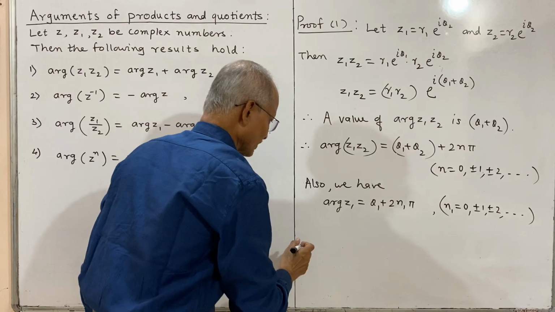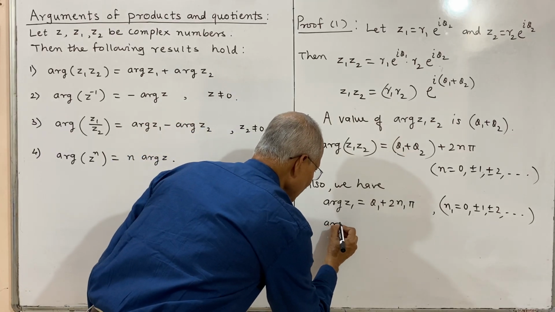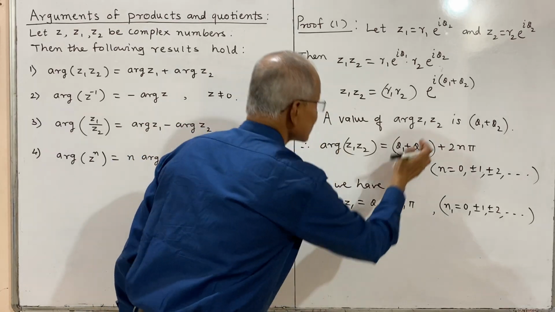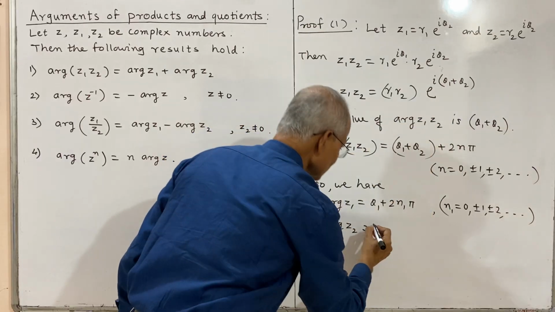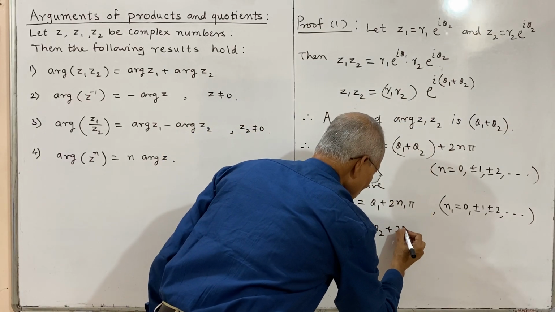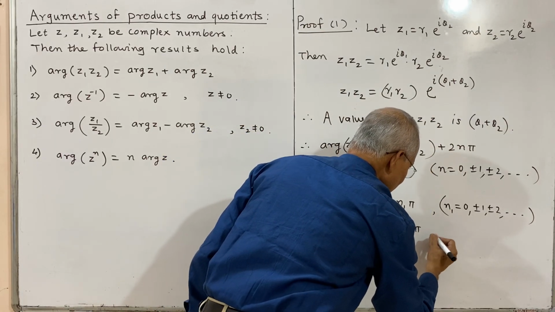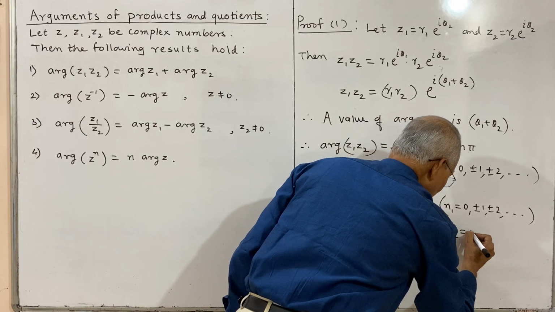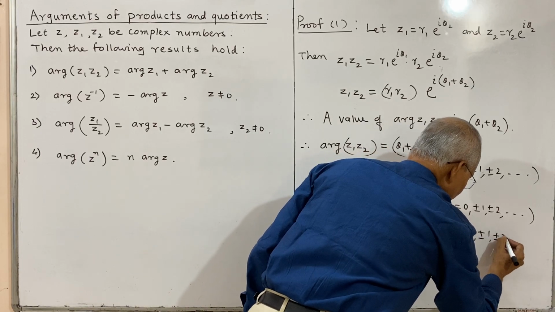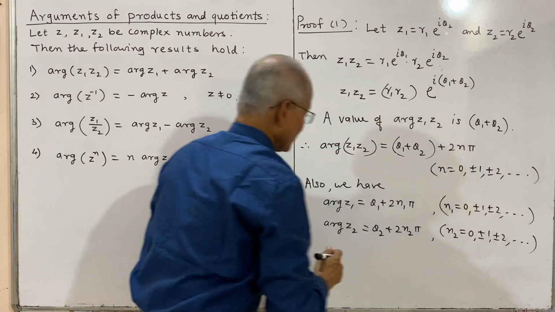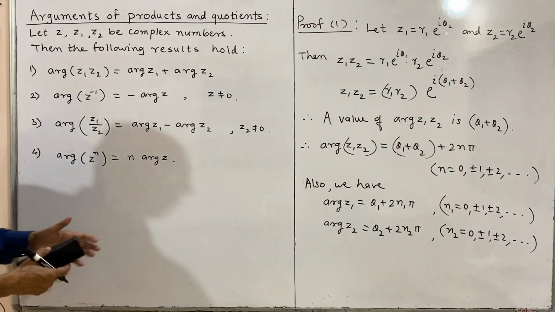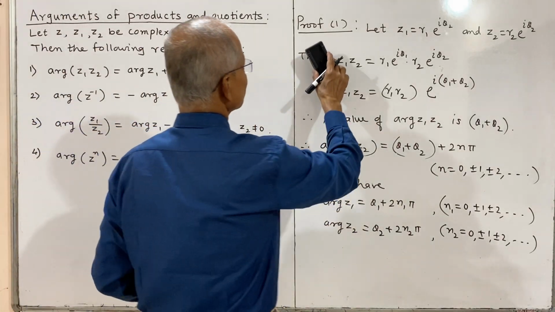Here we have taken n1, and what is argument z2 from this expression? It is theta 2 plus 2 n2 pi, where n2 is any integer. Now we shall express argument z1 z2 again.